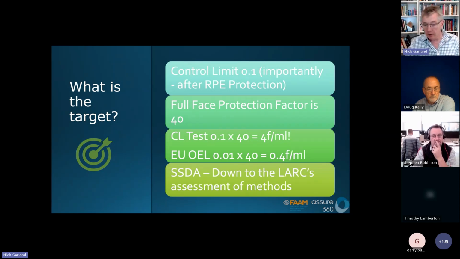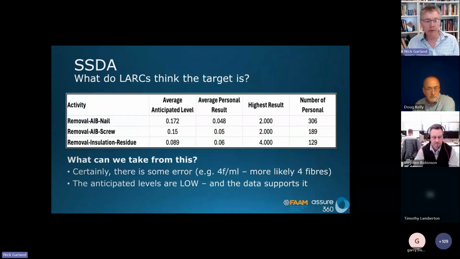Now, the SSDA, that's just down to the licensed contractors. That's their assessment of what should happen, what is the likely exposure if the method is followed correctly. So let's look at a bit of data. I plucked out 3 different removal techniques, quite common ones: removal of AIB, either nail or screw, and removal of insulation residue.